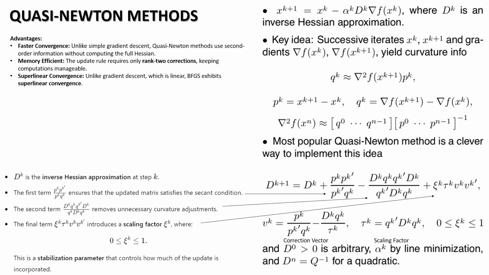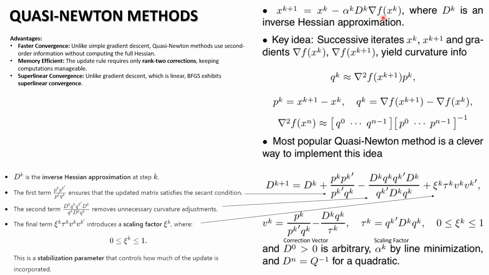this iteration formula for updating the solution, is x(k+1) equals xk minus alpha k dk times the gradient of the cost function f at xk. Here xk is the current estimate of the solution, alpha k is the step size typically determined by line search, dk is an approximation of the inverse Hessian matrix, and nabla f is the gradient of the function at xk.